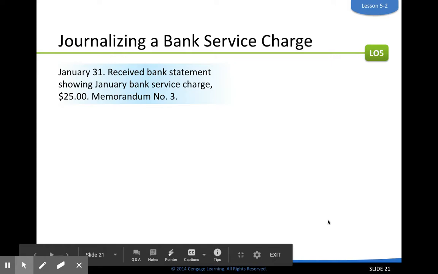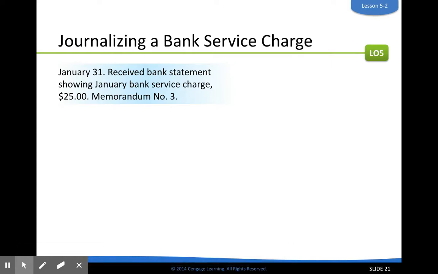So not only do we need to record that in the check stub, we also need to do a journal entry to record that service charge. So the journal entry is going to look similar if we would have wrote a check for a bank charge, except it was already pulled out of our bank account, so we don't need to write a check. It's instead going to be a memo.